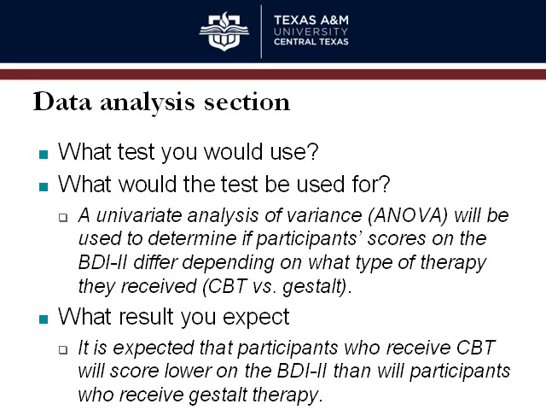ANOVA does the same thing in this instance. Nothing else is needed. Now, if I had maybe 3 types of therapy, CBT, Gestalt, and maybe solution focused, I'd still use an ANOVA. I'd have to use an ANOVA. I couldn't use independent groups. But if I did that, I'd have to say, univariate ANOVA will be used to determine if scores differ, CBT versus Gestalt versus solution focused.